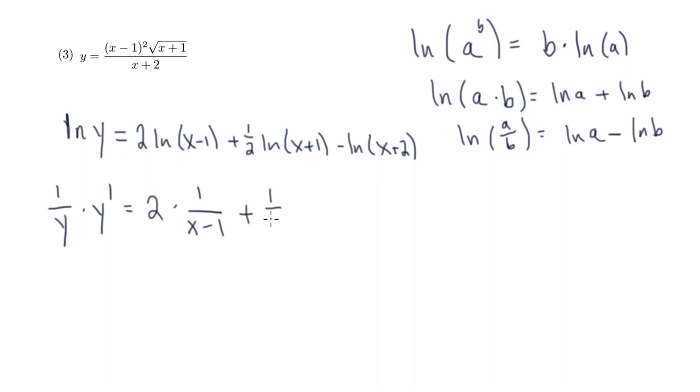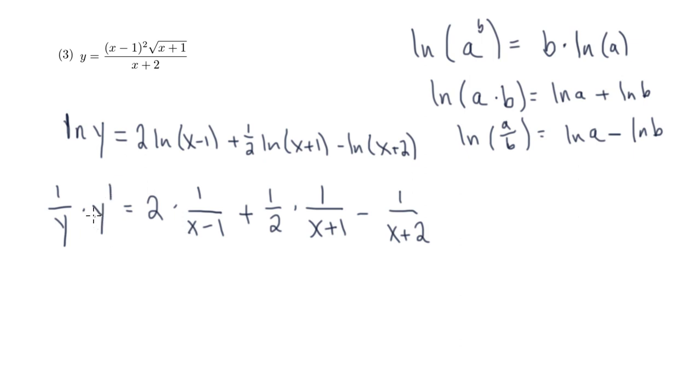Plus 1/2 times 1 over x plus 1 minus 1 over x plus 2. Look at how easy these factors of log x minus 1, log of x plus 1, log of x plus 2 were to take the derivative of after I spread them all out. And now I'm almost done.